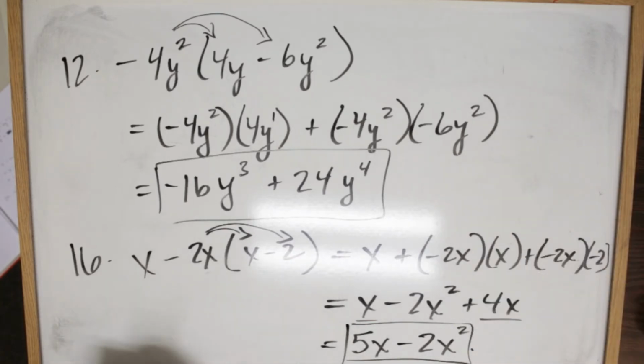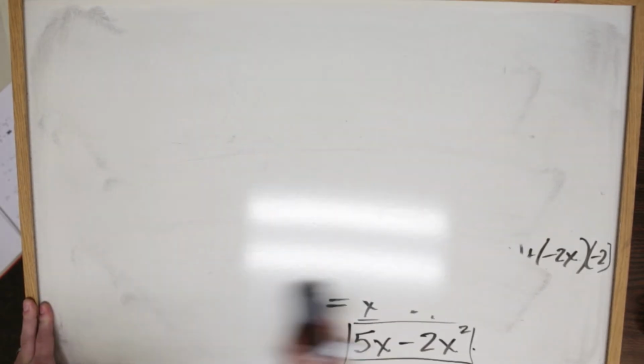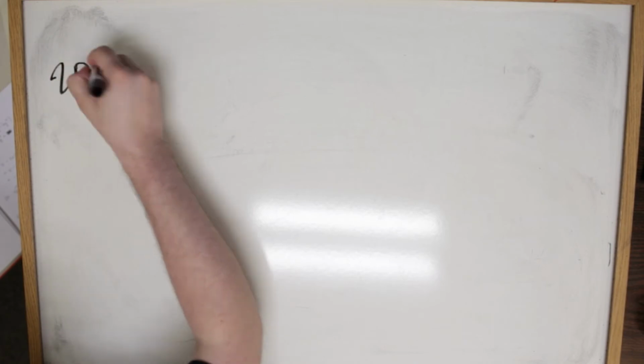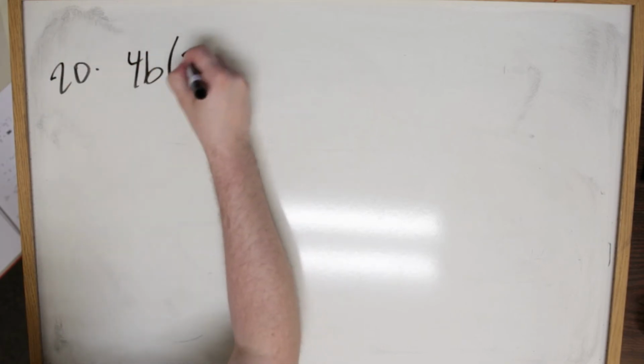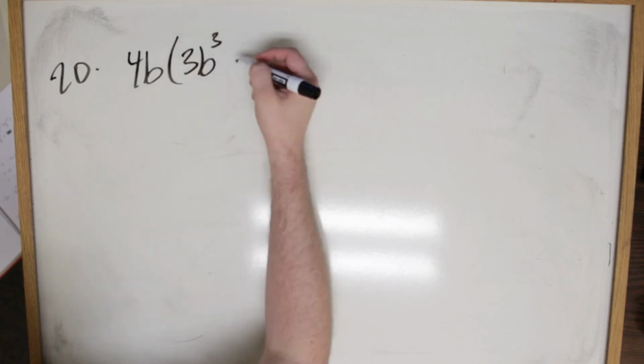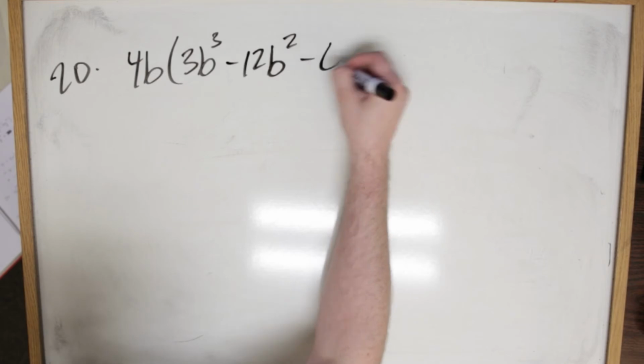All right, let's go ahead and keep moving along. Question number 20. 4b times 3b cubed minus 12b squared minus 6.